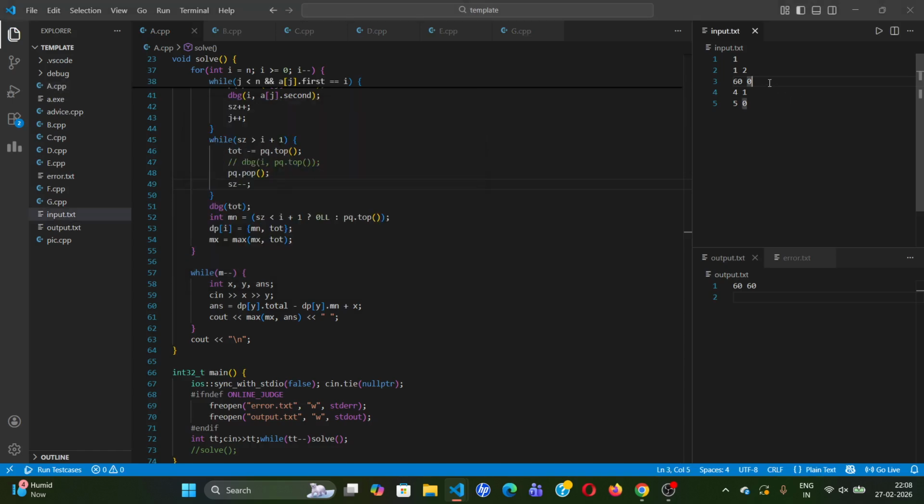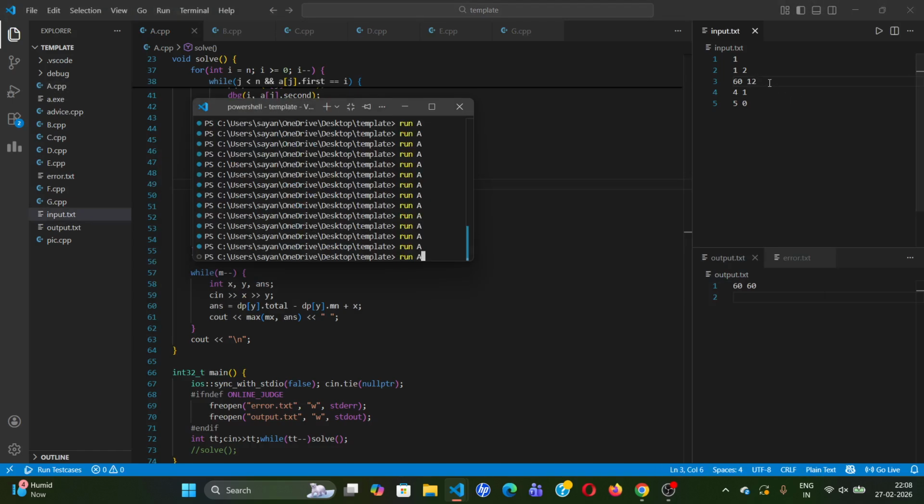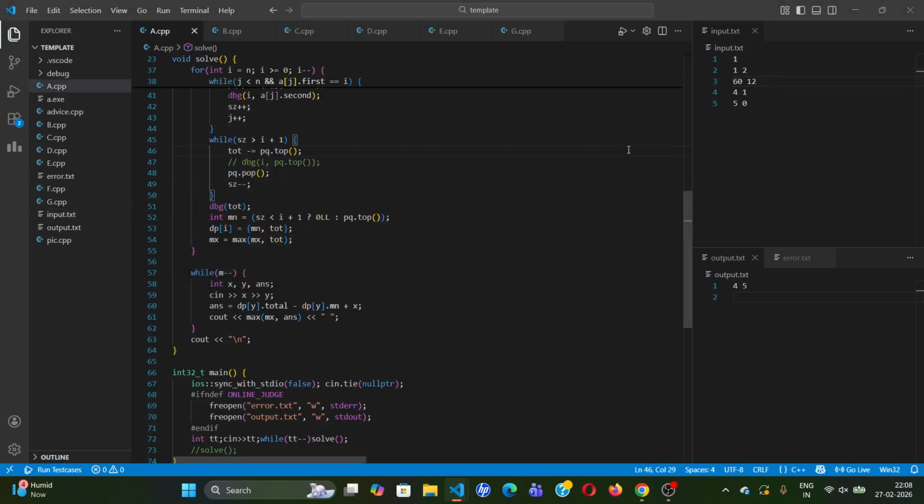But 16 12. In that case, it is not working. Okay. We have to take the prefix sum. We can add that element there also. 16 12 is there.